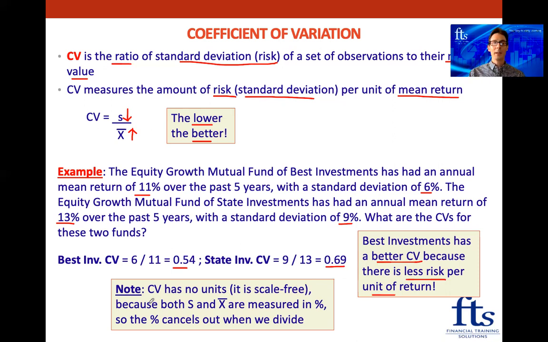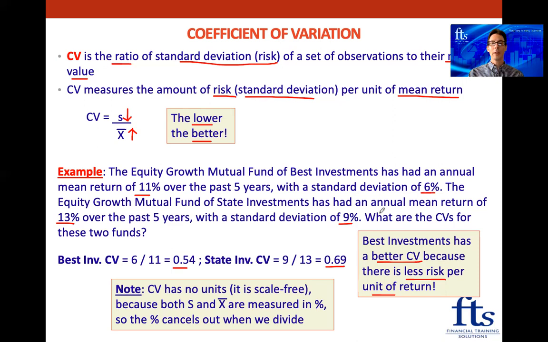And then I just made a note here that we can see that the CV has no units. In other words, it's what they call scale free. Why? Because both our standard deviation and our sample mean are in percent. For example, the mean return is 11%, and standard deviation is in the same units as our underlying data, also in percent.